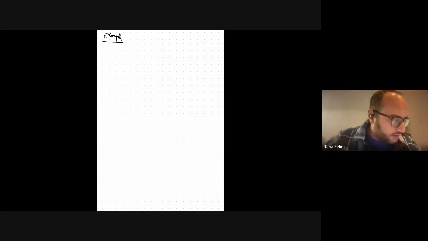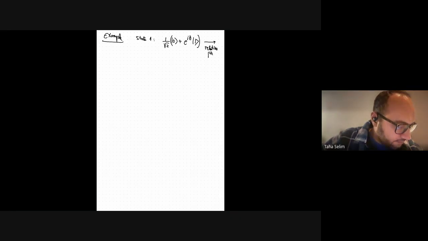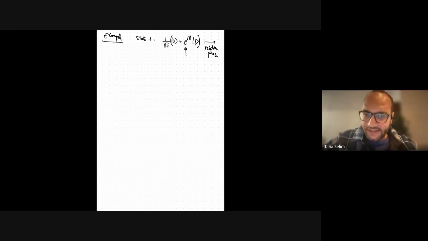So if I have two states, this one has a relative phase. This relative phase I cannot omit. It is very important to keep this phase. So the information is really intact in this phase. So this contains the phase information of the quantum state itself.